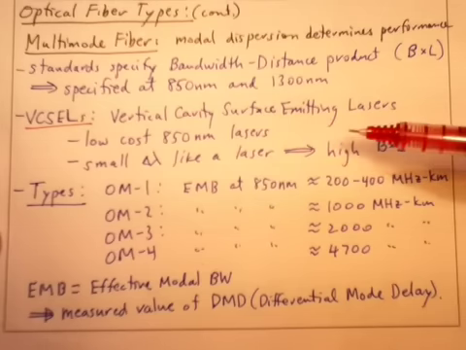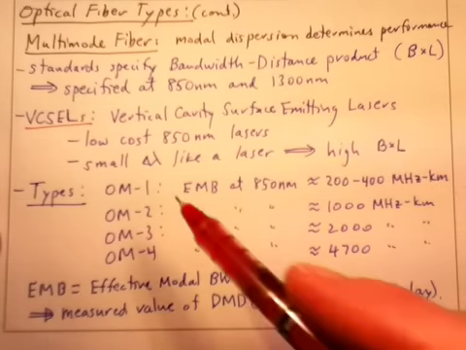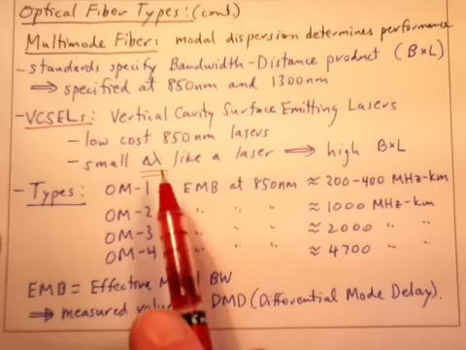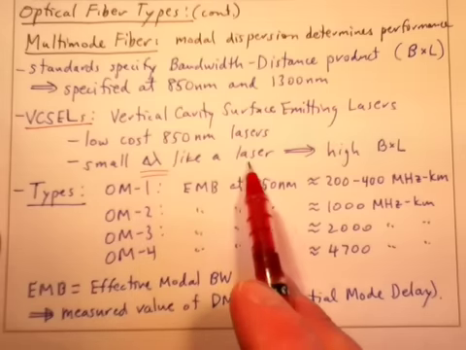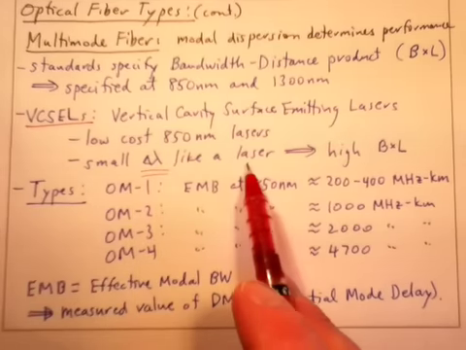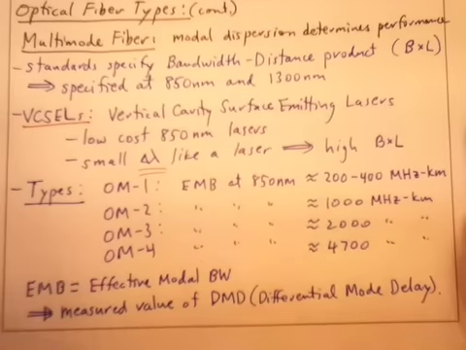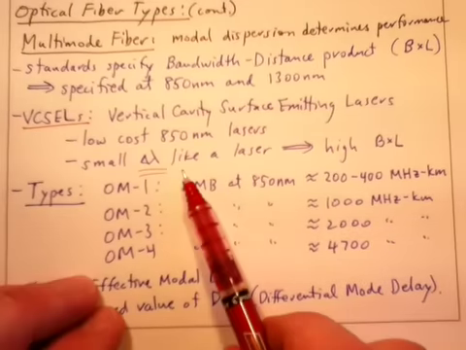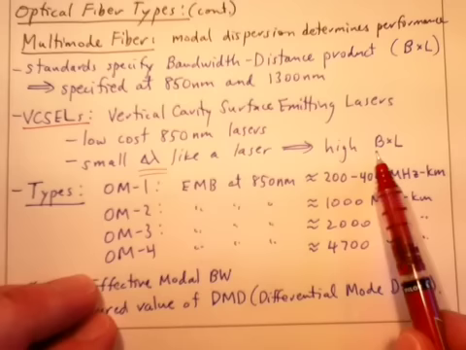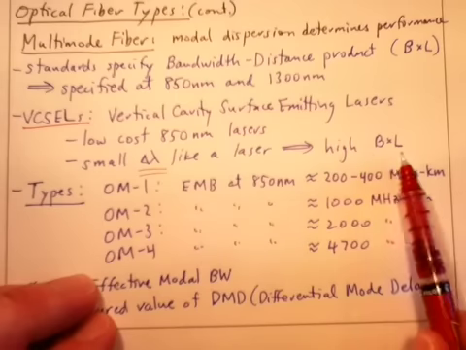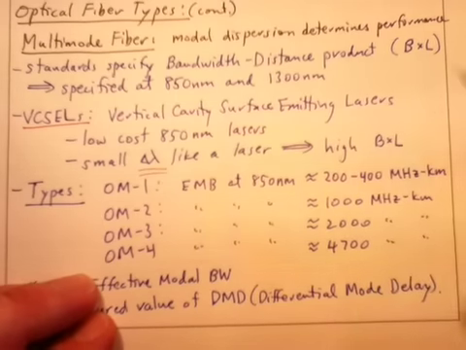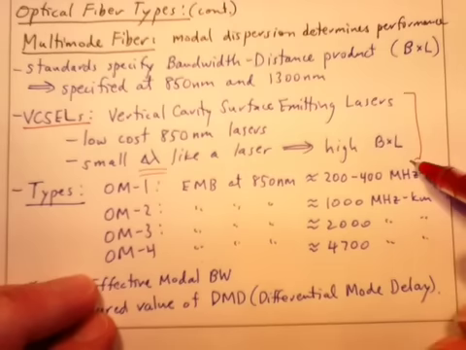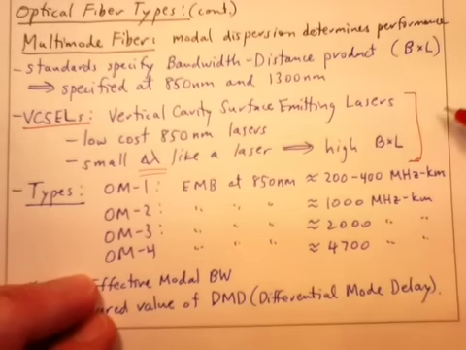The advantage of it is that it has a very small spectral width like lasers do, so it doesn't have the broad spectral width of an LED, but it has the same sort of cost as an LED. So it's great. It has high bandwidth distance product, and it's very cheap like an LED, so it has really taken over the applications in the data center for multimode fibers.